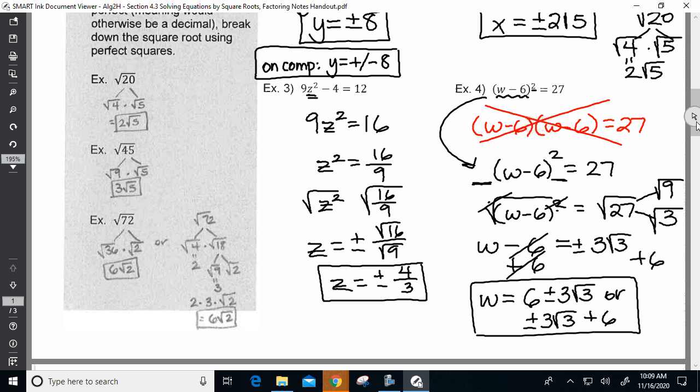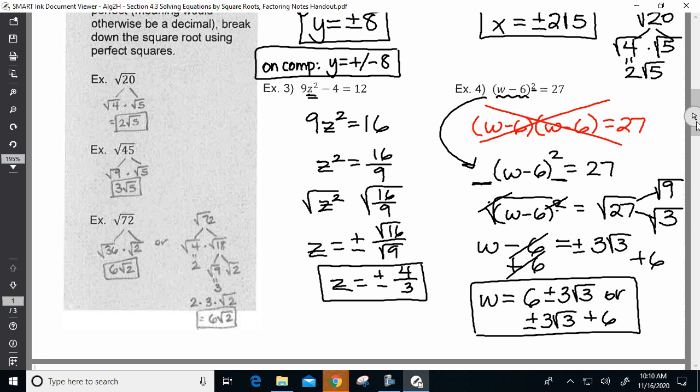Any questions before we continue? So that's square roots.